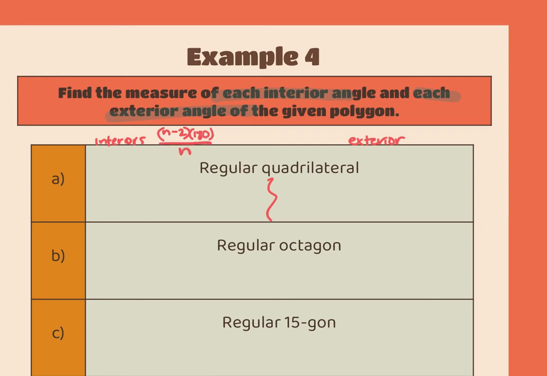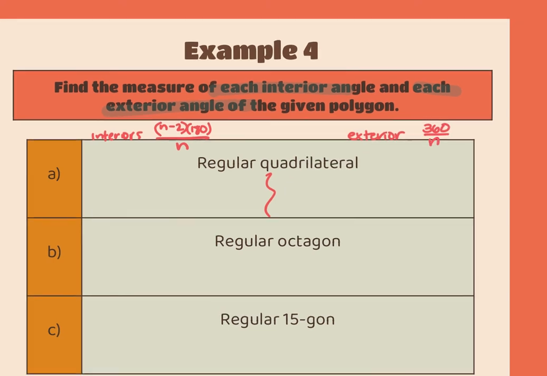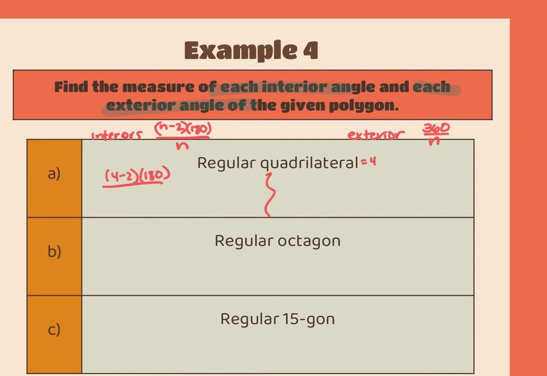And to find each exterior, it would be 360 over n. So a quadrilateral has 4 minus 2 times 180 over 4, which would be 2 times 180, which is 360, divided by 4, and that's 90, which should make sense. A regular quadrilateral would be a rectangle or square.